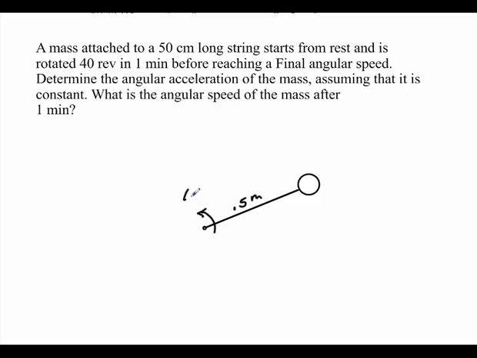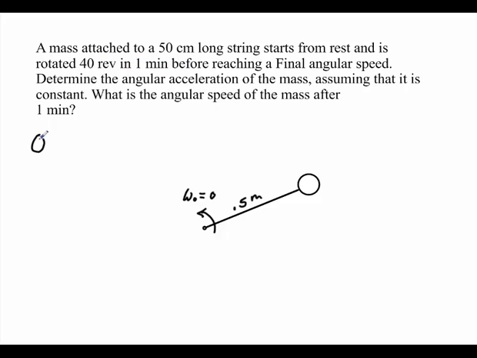Then we know our initial angular velocity is going to equal 0, and it's going to rotate 40 revolutions in 1 minute before reaching a final angular speed. Determine the angular acceleration of the mass. So we know it rotates 40 revolutions in 1 minute.